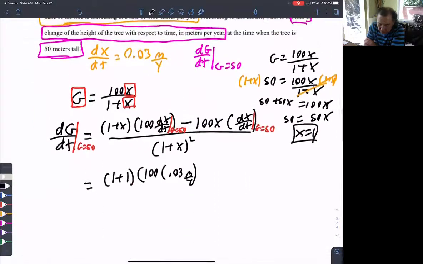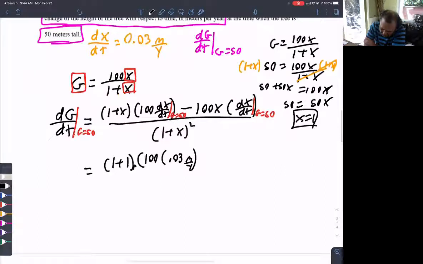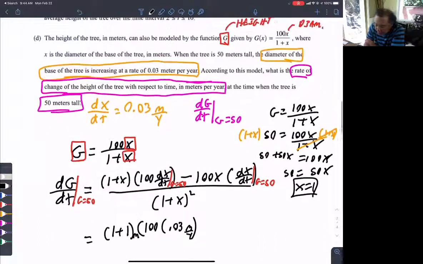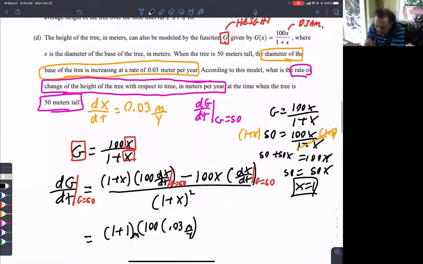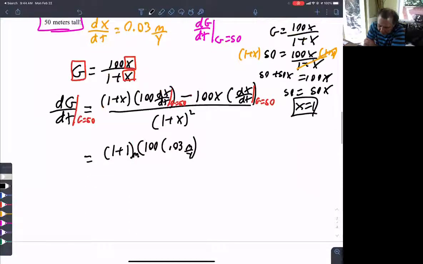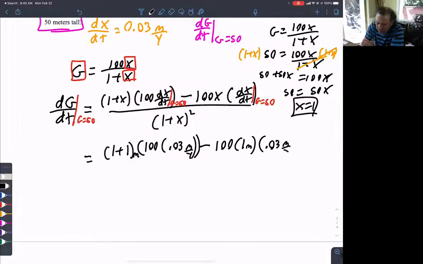The units of these should be meters. So that's a meter. Let me look at what that 100 was. Okay, and then minus 100 times 1, because we calculated x. dx dt we calculated 0.03 meters per year.